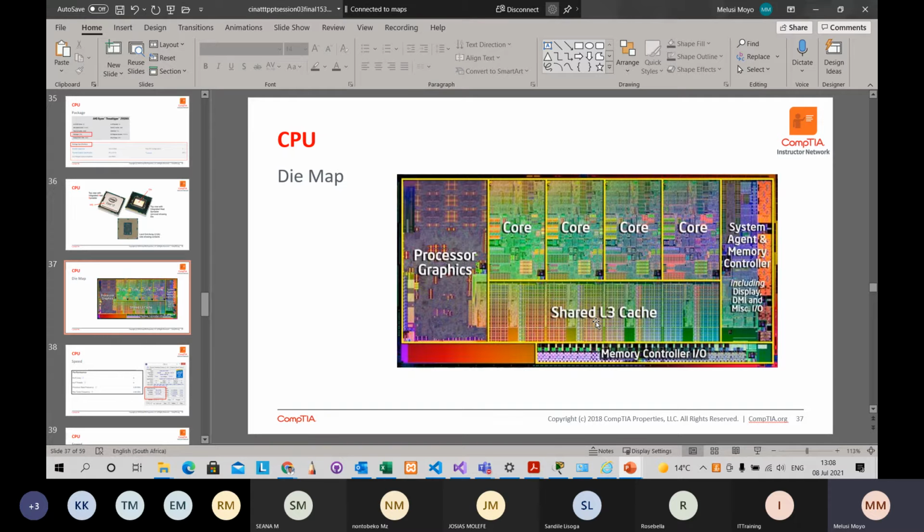We have what we call virtual memory. That virtual memory is borrowed from the hard drive by your CPU. Your CPU will say, okay, I don't have space, then it borrows from the hard drive. We call it virtual memory. And that virtual memory is usually double the size of your actual RAM. So if your RAM is 2 gig, your CPU by default is going to borrow 4 gig for you, which you can manually change. So by default, it is going to give you double the size of your actual RAM.